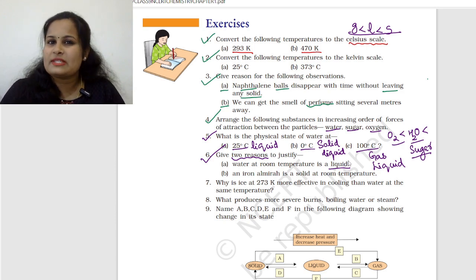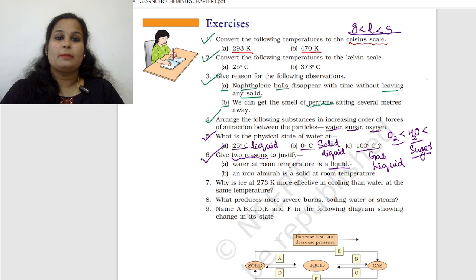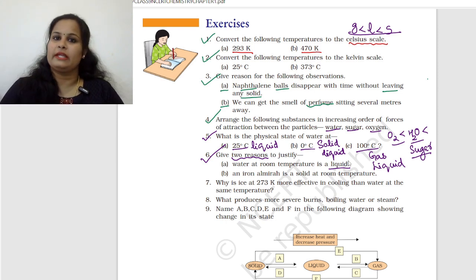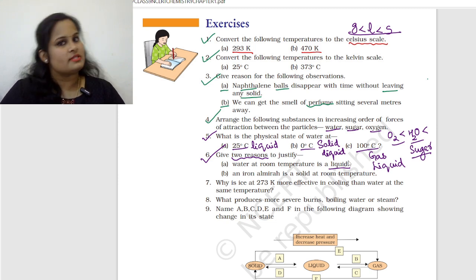The force of attraction is intermediate, the particle space is intermediate, and water has a definite volume but not a definite shape. It takes the shape of the container in which it is taken, right? So there are many factors which help us justify that water at room temperature is liquid. Depending on the marks, you can add more points or cut off points as well.